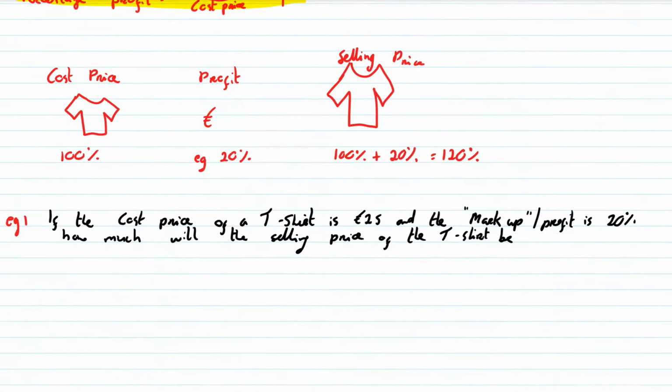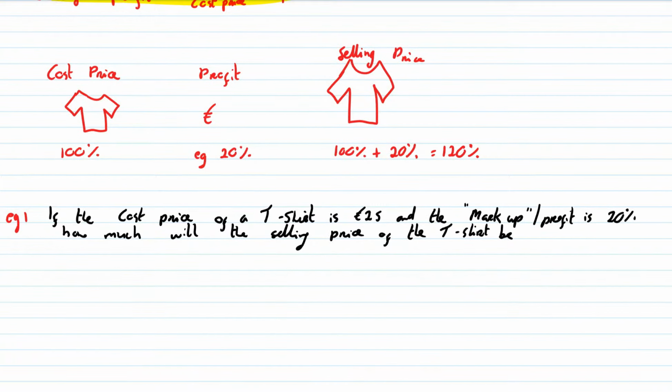It works very much the same as VAT, except instead of the cost exclusive of VAT, we call it cost price. Instead of the VAT, we call it profit, and instead of the price inclusive of VAT, we call it selling price.